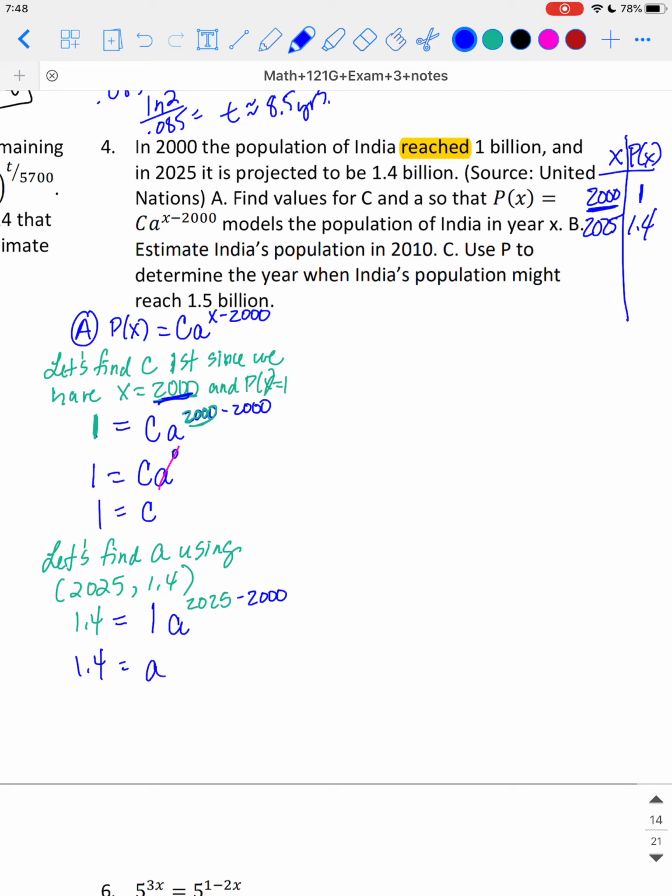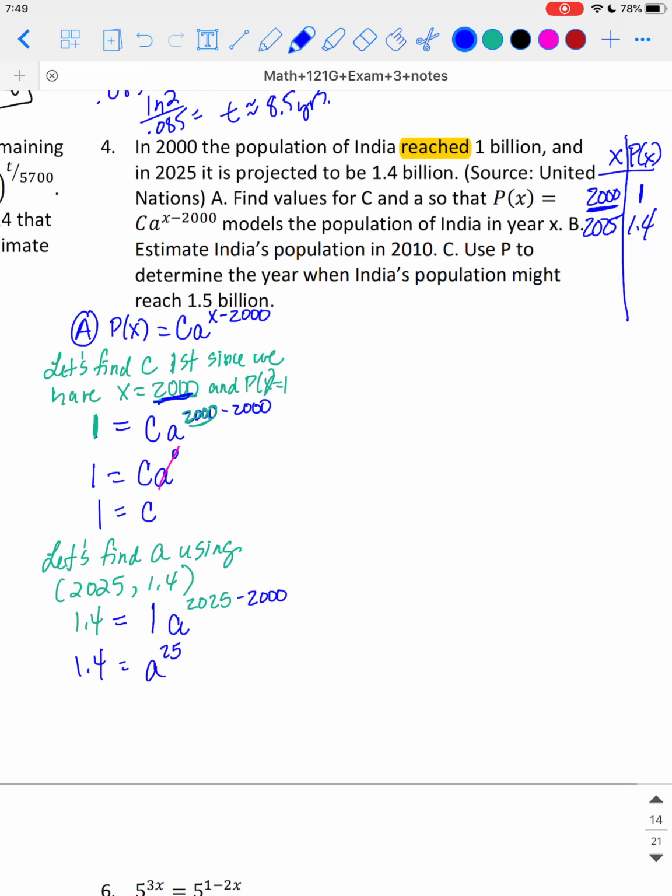So this is going to be A to the 2025 minus 2000, which is A to the 25th. Oh, how I wish I was in the classroom, but 1.4 is equal to A to the 25th.